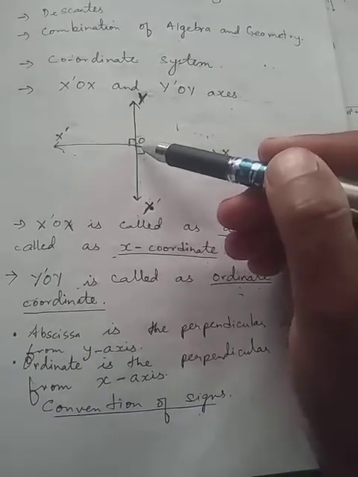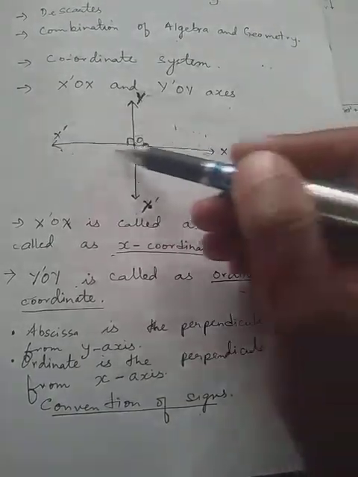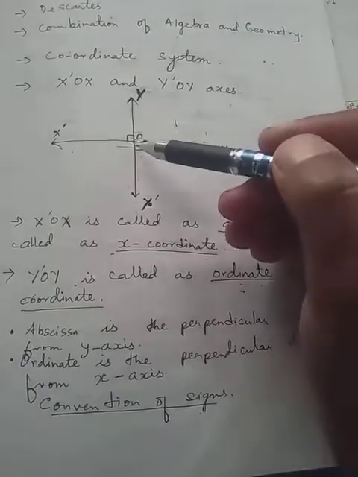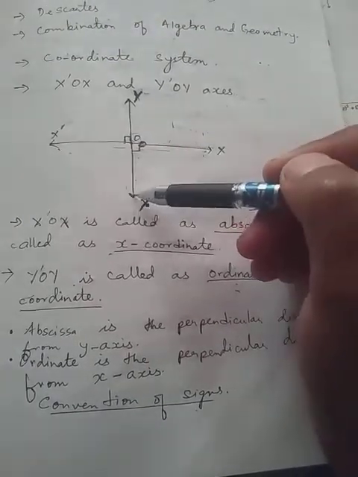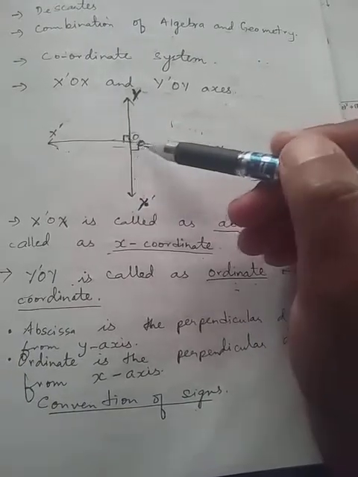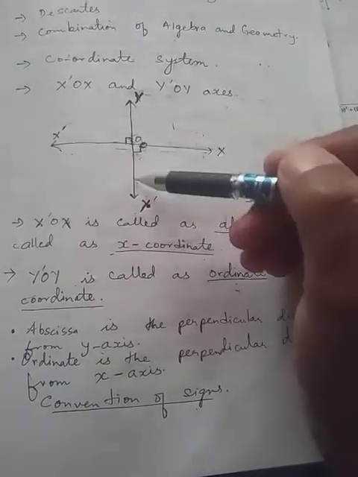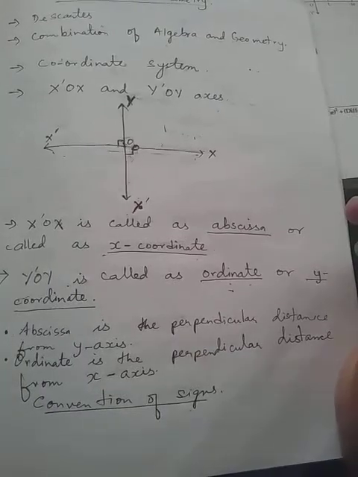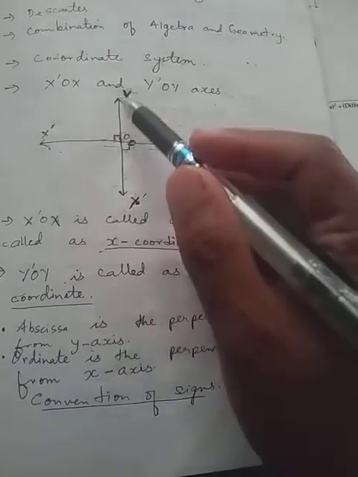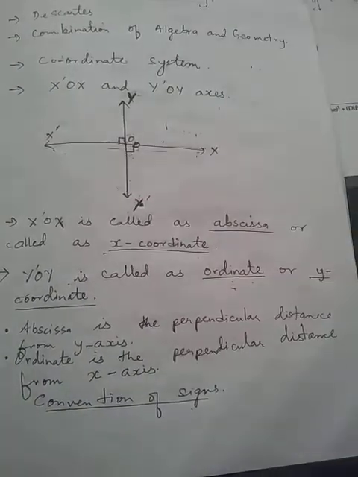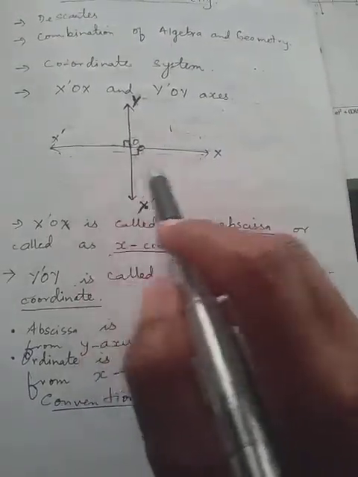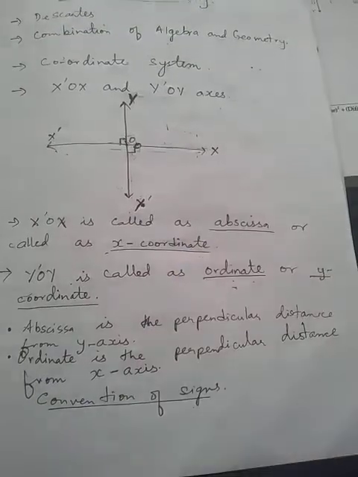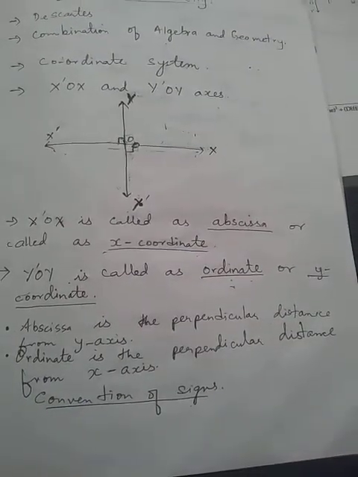Like this. Supposing this is my x-axis, if I draw any perpendicular distance from this x-axis, perpendicular like this, that we call the ordinate. So in short, the ordinate is the y-axis and the x-axis is the abscissa or x-coordinate.